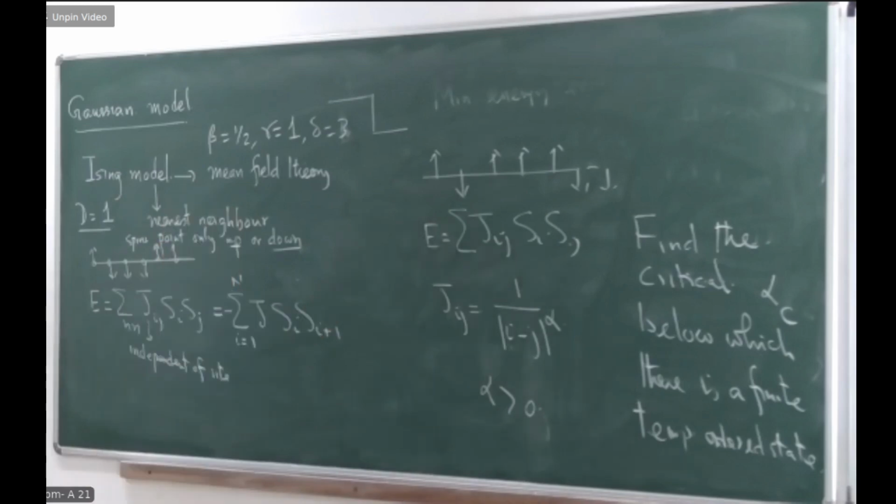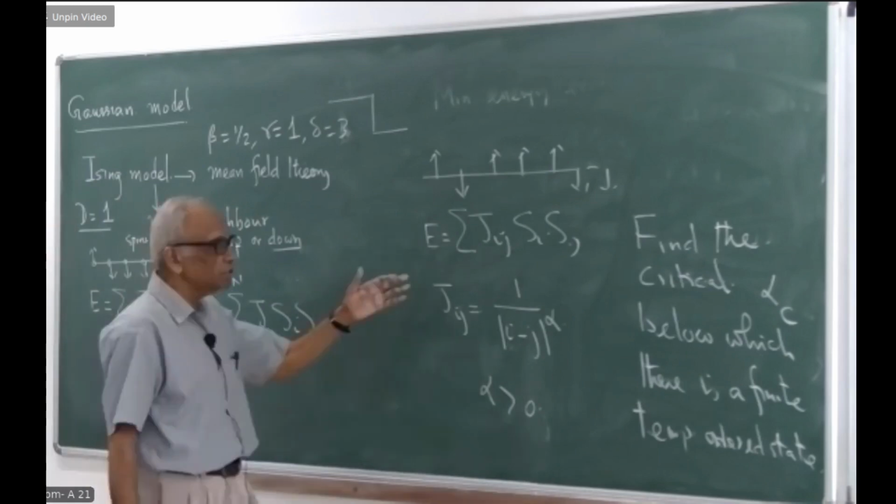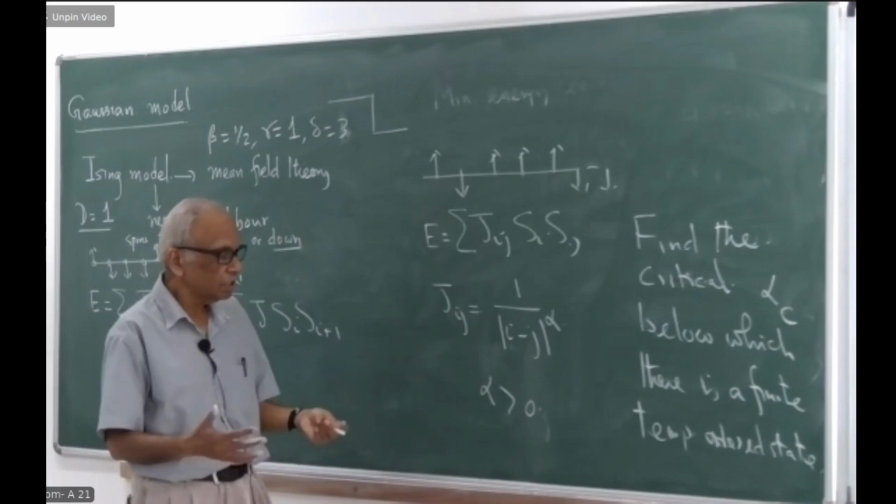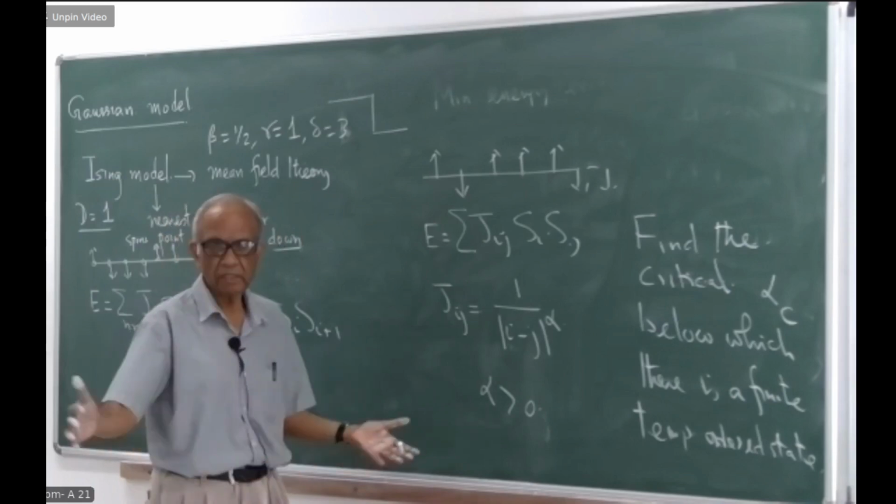So it has to do with the argument that I just gave, except that now the nearest neighbor has been replaced by this: if the neighbors are close, the interaction is strong and it decays.